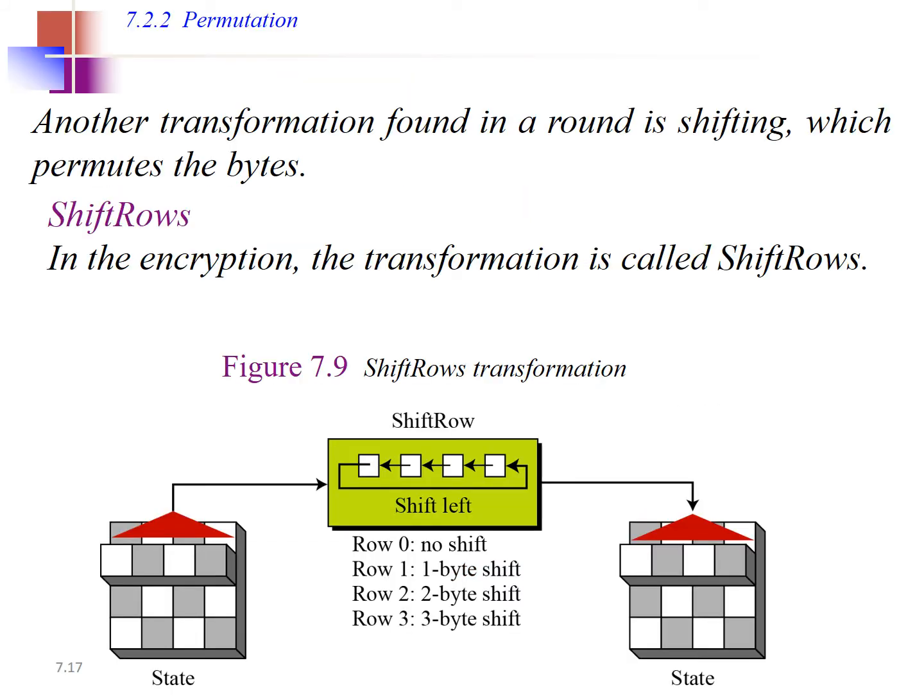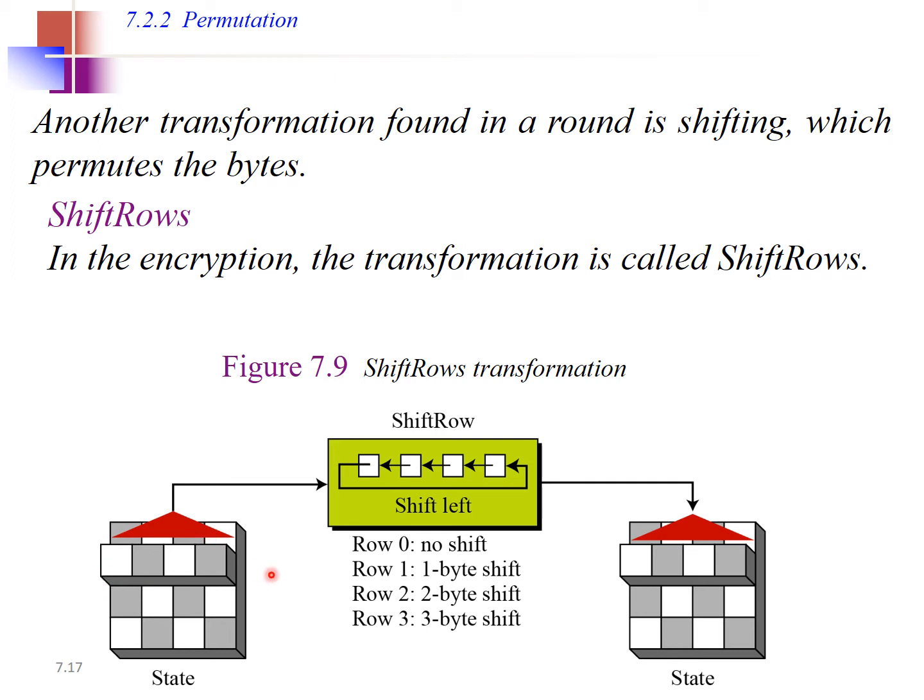Next, the second operation is shift rows. Imagine this is your state of the plaintext. Here, the shift rows operation is a left circular shift, but it is different for each row. Row 0 has no shifting operation.